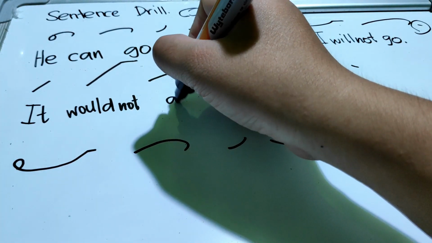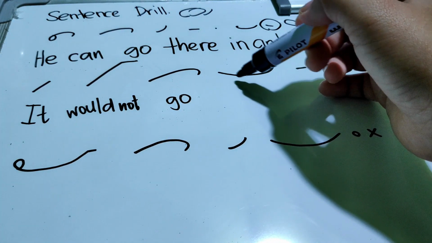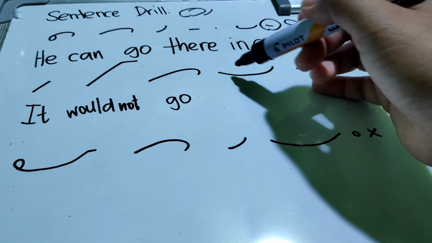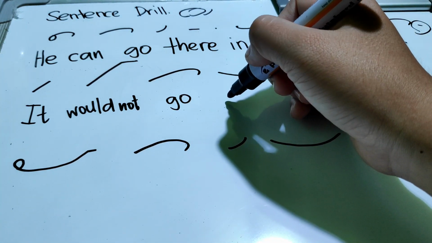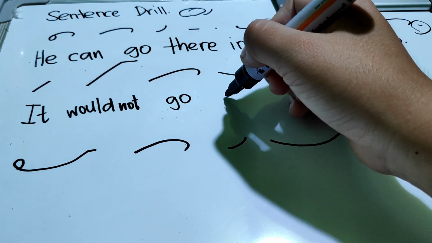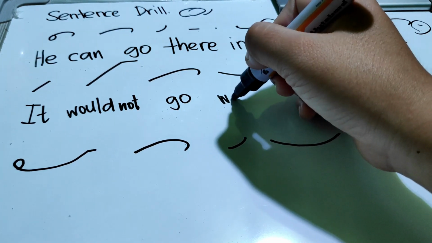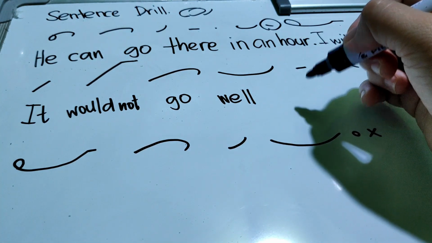It would not go. And then this stroke is the L, which is transcribed as will and well. So it would not go will nga I or well. So sa imuhang pagsabot is it would not go well.